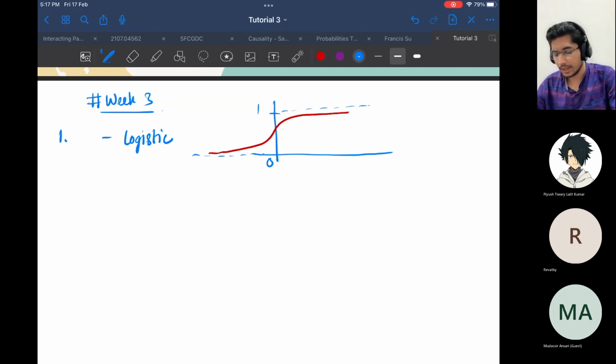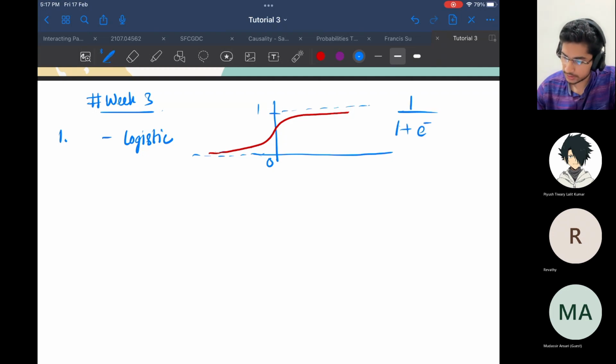The expression for the logistic function is 1 upon 1 plus e raised to minus f of x.